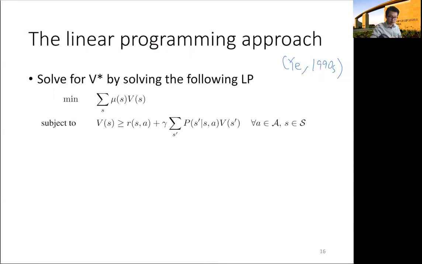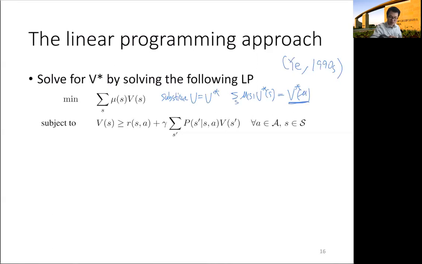We will end up getting the sum over s of mu(s) V star(s), which is V star of mu, the optimal value.